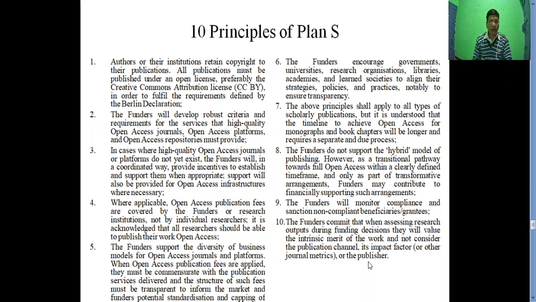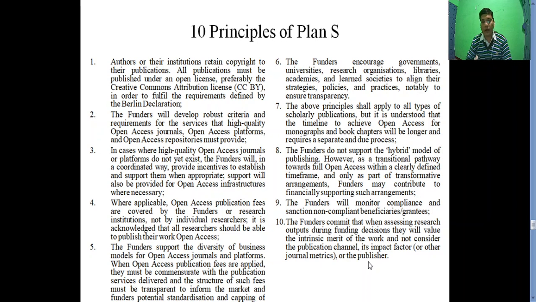When open access publication fees are applied, they must be commensurate with the publication services delivered, and the structure of such fees must be transparent to inform the market and funders' potential standardization and capping of payment of fees.